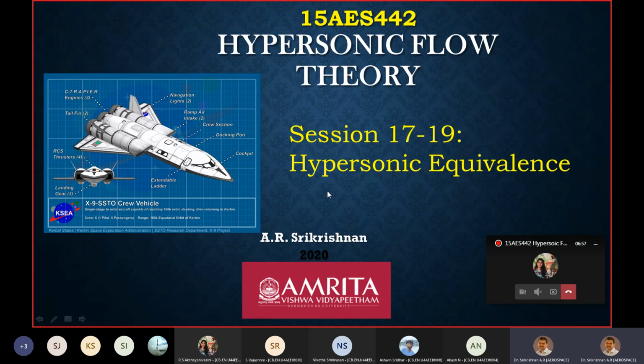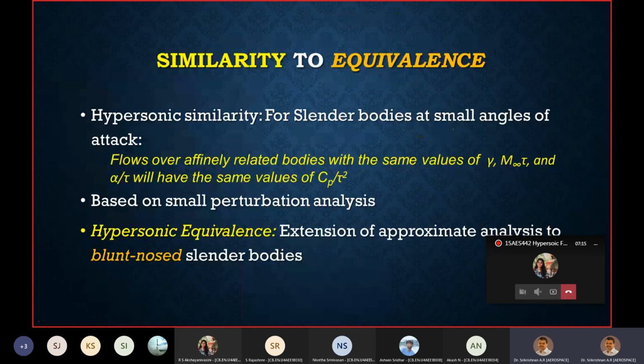It's not a detailed modeling. We are restricted because we cannot do a detailed modeling without numerical methods. So in an analytical fashion, how they can be looked at is what is going to be discussed next, which is called the method of hypersonic equivalence.